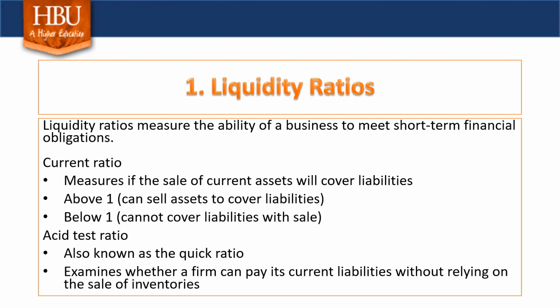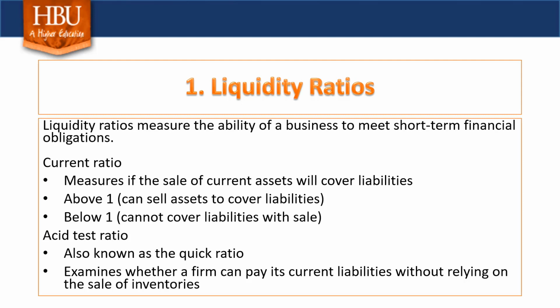It's a measure of whether the sale of the current assets will cover the liabilities. If that ratio is above 1, it indicates that the organization can sell assets to cover their liabilities. If that ratio is below 1, it indicates that the organization cannot cover their liabilities with their short-term sales.